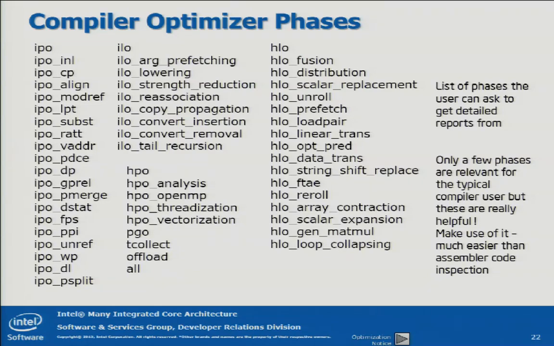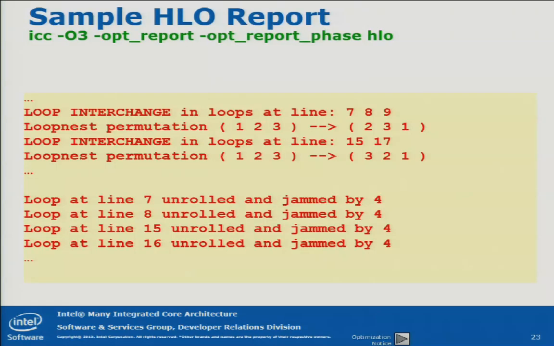So if you want to, for example, know if your suboptimally coded matrix multiplication is rearranged in a way that it's better for the architecture, you can look at, for example, the HLO distribution, where we actually switch around the loops, right? Or we also have a re-rolling phase where some programmers unroll a loop, and the compiler, the first thing it does is roll it back to stride 1 and do it again in a different way, that kind of stuff.